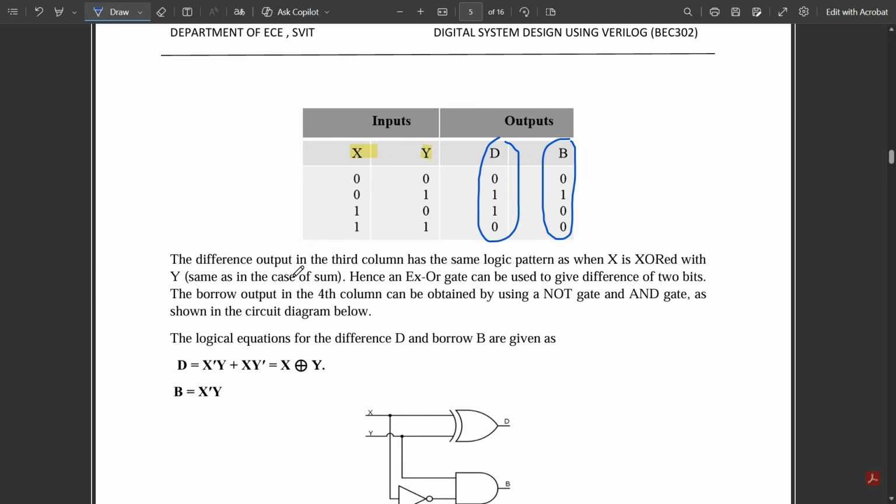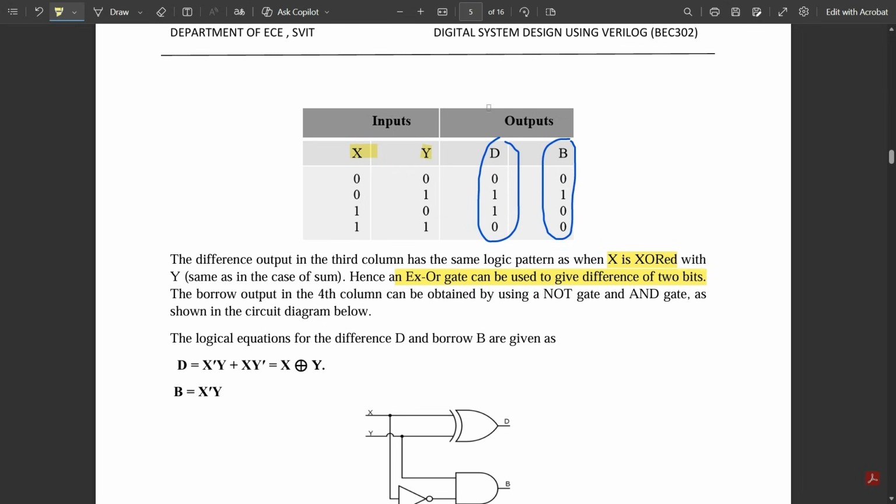Okay, so the difference output in the third column has the same logic pattern as when x is XORed with y, as in the case of sum. Hence an XOR gate can be used to give the difference of two bits. So here you see, the combination whatever we get corresponds to the XOR truth table. Whenever we are having the same bits, the output is 0, and when the bits are changed, the output is 1.